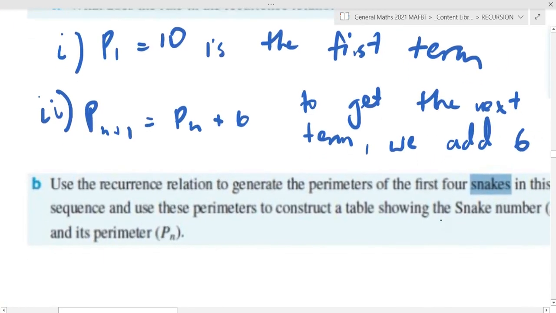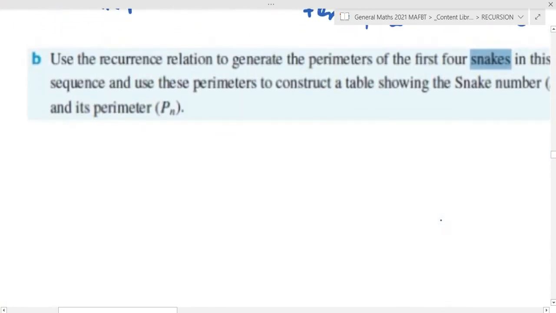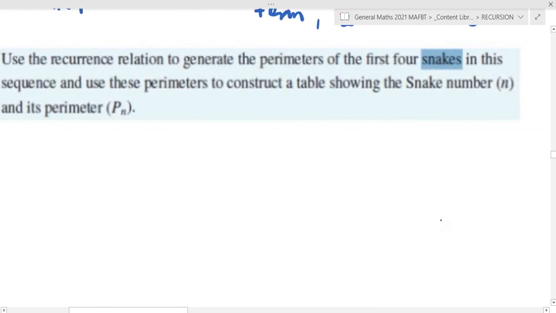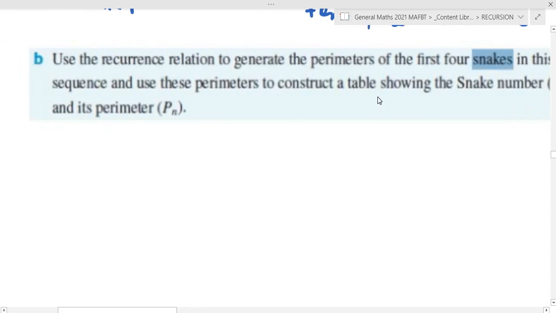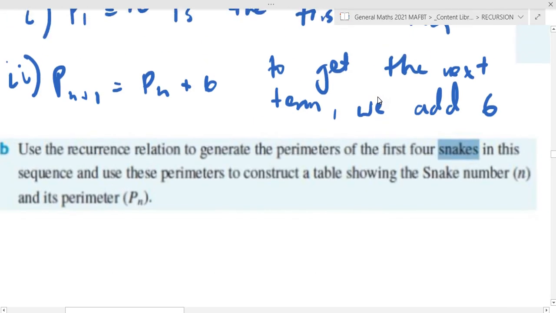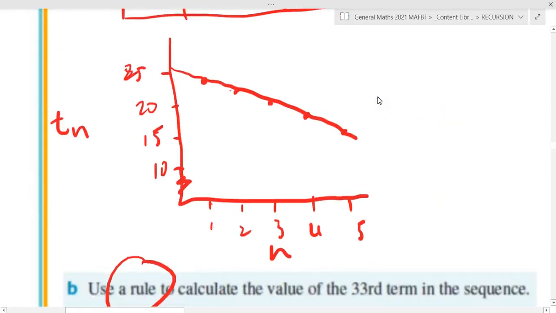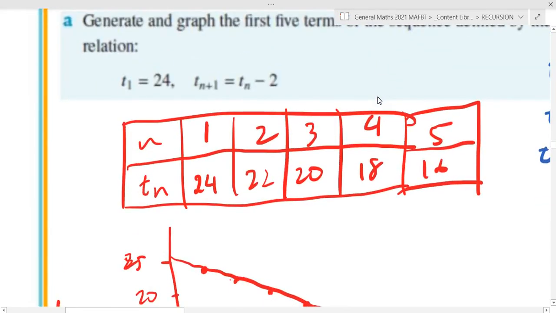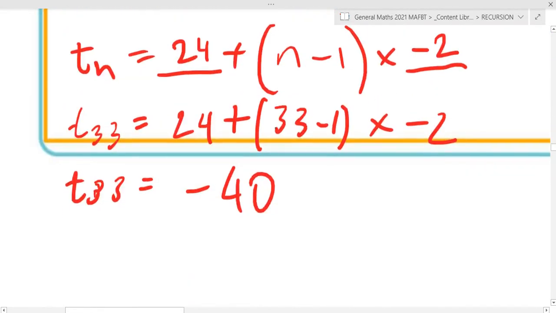Okay, so the next part is we use the recurrence relation to generate the perimeter for the first 4 snakes. And then we have to construct a table for it, which is basically the same as what we did here. So make the first 4 numbers, and then generate the graph for it.